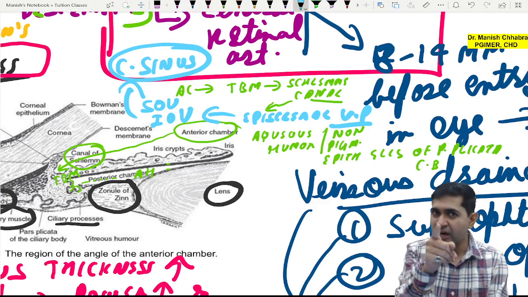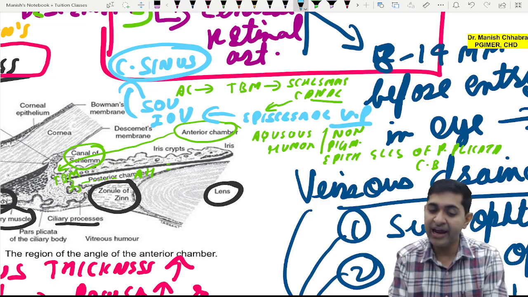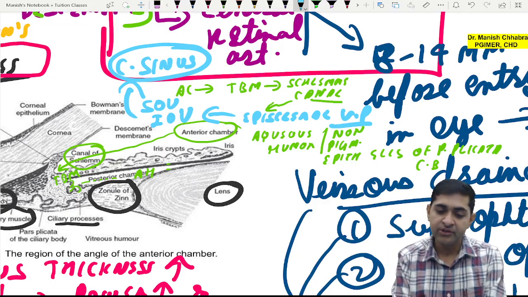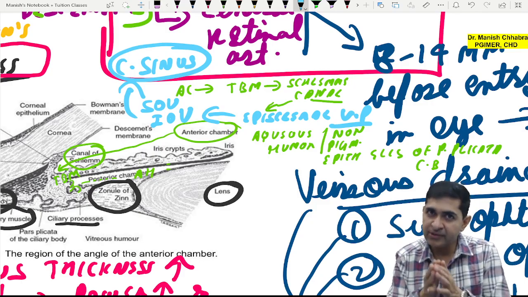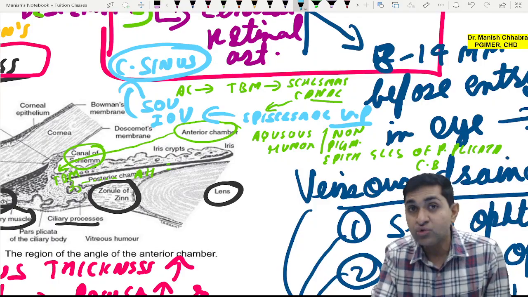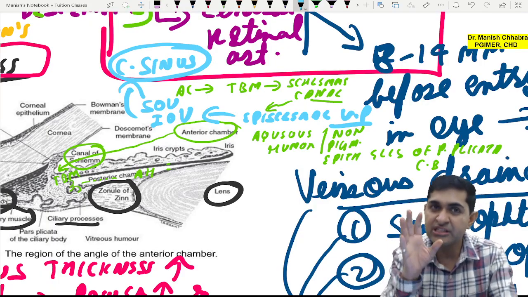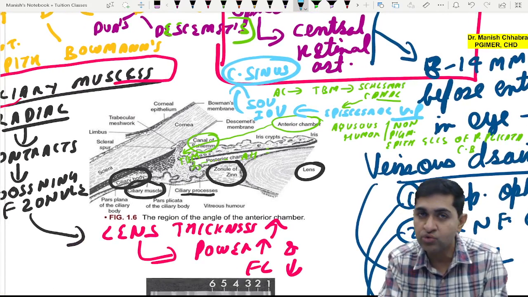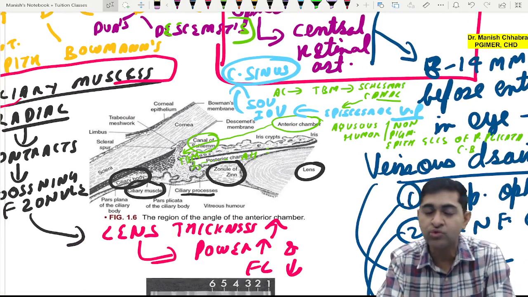So it all started from the anterior chamber to trabecular meshwork to Schlemm's canal to episcleral venous plexus. This is the pathway of flow of aqueous humor, which we are going to do later. Don't worry.